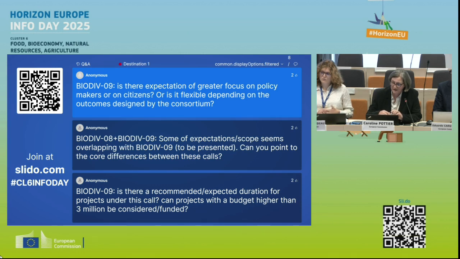This is a topic targeting governance to improve democracy functioning, and we expect proposals to analyze how citizens are informed and how the decision makers take this into account. So yes, to me it is clear that the greater focus should be on citizens.